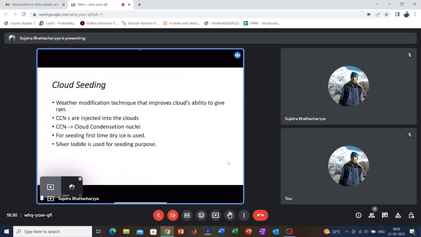The next concept which I will talk about is cloud seeding. So what is cloud seeding? You have enough moisture in the middle troposphere, but you don't have too many CCNs. What is CCN? This is cloud condensation nuclei.